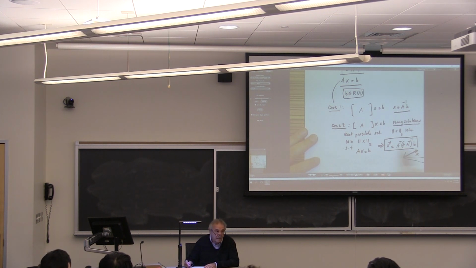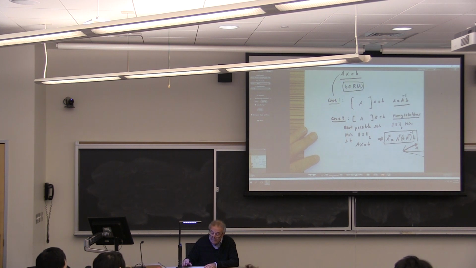That is described by these equations, which play an important role.